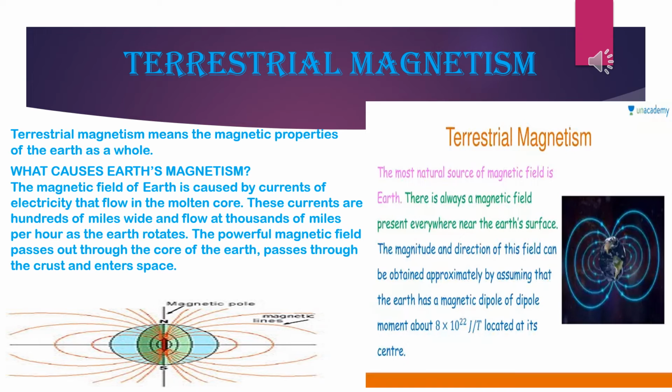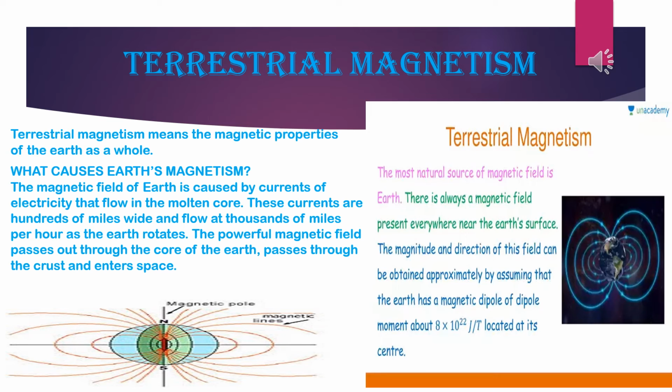Now see the second diagram. Within Earth there is a magnet. Magnetic pole, one side is north, another side is south. Okay. Now we can say that it is seen that a freely suspended bar magnet sets itself in the north-south direction. Always you have seen.